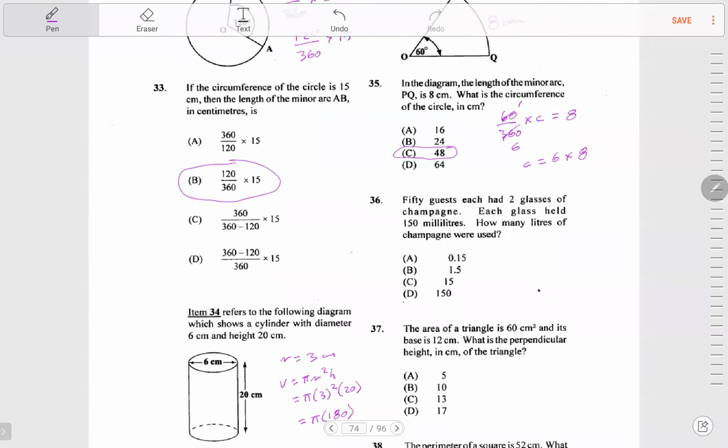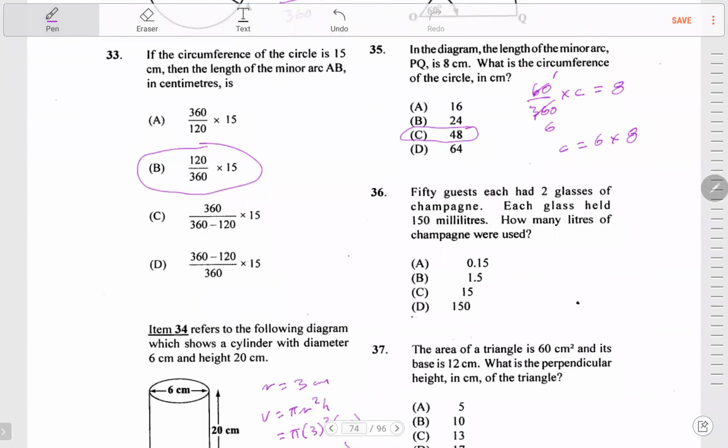Next question says 50 guests each have 2 glasses of champagne. Each glass held 150 milliliters. How many liters of champagne were used? Now remember, 1,000 milliliters make a liter. All right, so let's work it out. 50 guests, each of them has 2 glasses, and each glass has 150 milliliters.